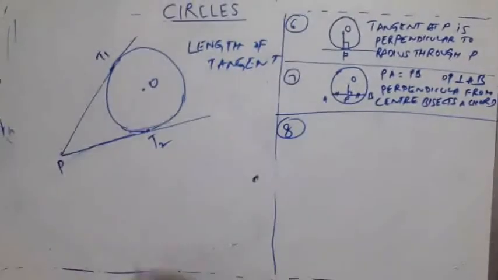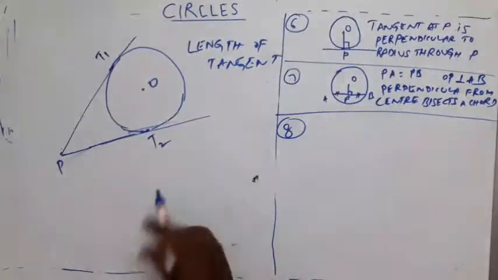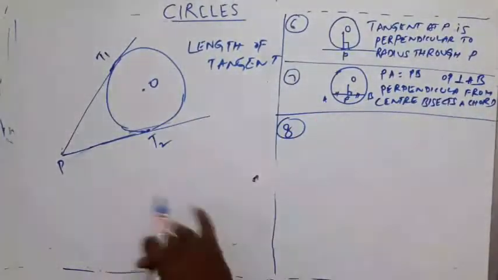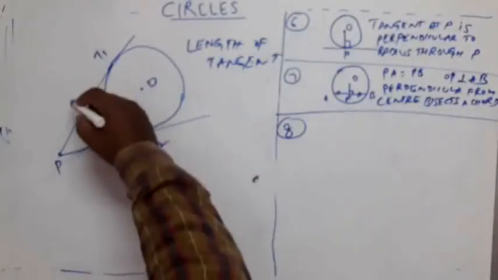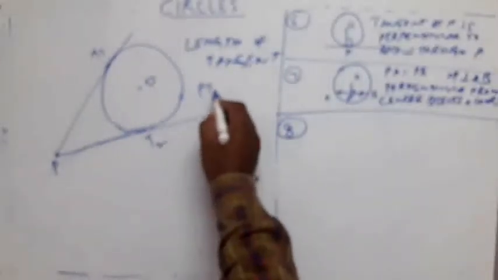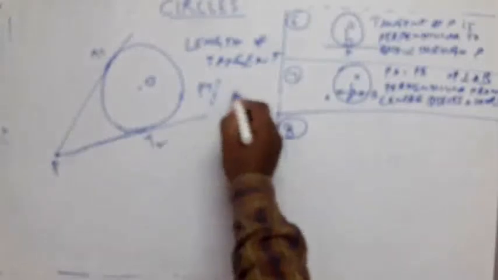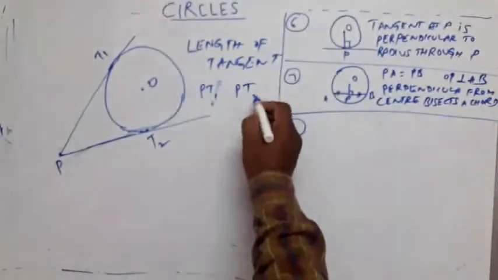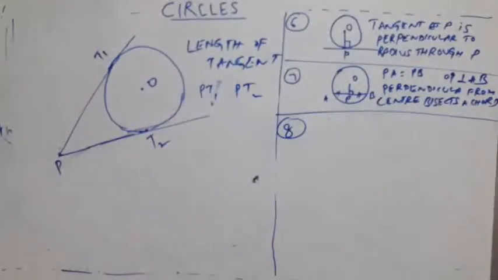Let us say this point is T2. T1, T2 are 2 points of contact, right? The distance of P from T1, this is called length of tangent. In the same way, for this tangent, the distance of P to T2, PT2, this is called length of tangent. PT1, PT2, they are lengths of tangent.